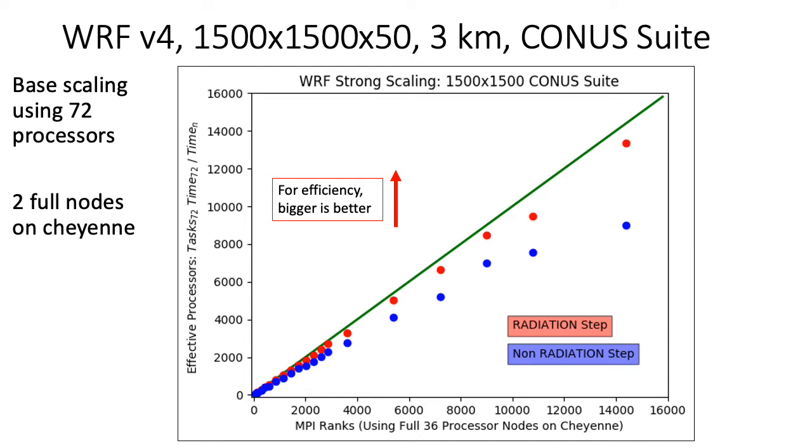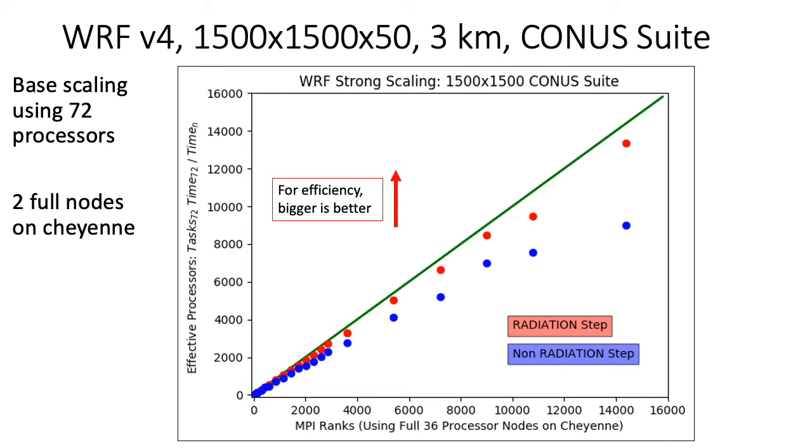The base scaling for this is 2 nodes on Cheyenne. Cheyenne is the supercomputer at NCAR right now. I split out the radiation and non-radiation time steps. Specifically, radiation has substantially much more work, and because there's more work, even making the domain smaller means that the parallelism is going to hang on quite a bit better.